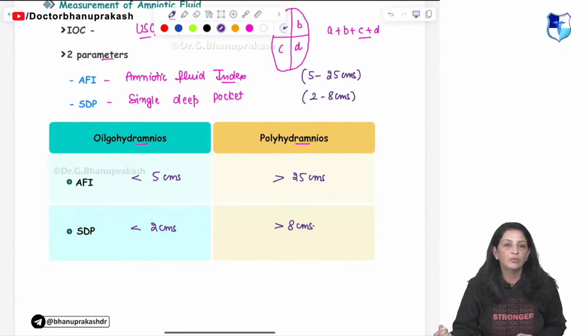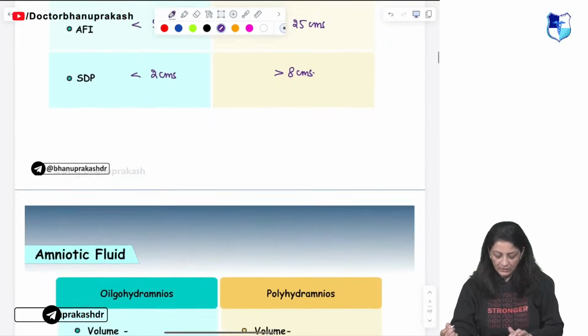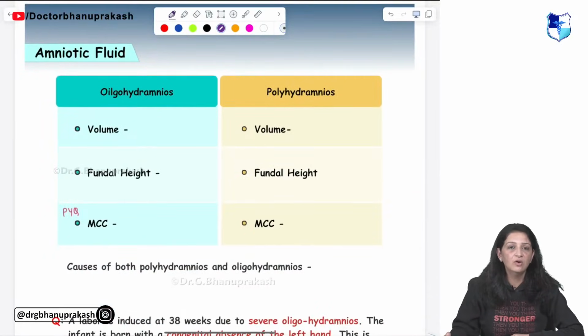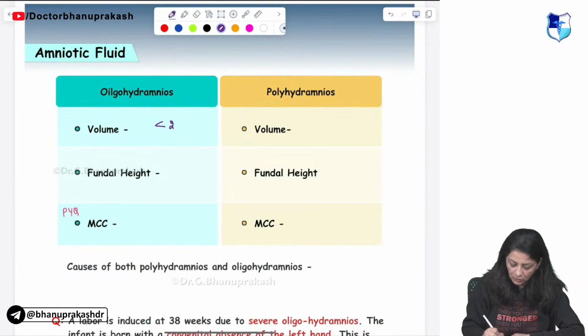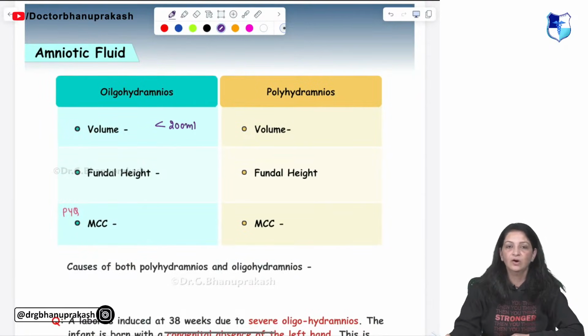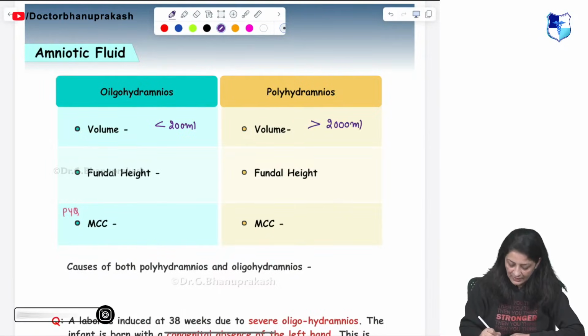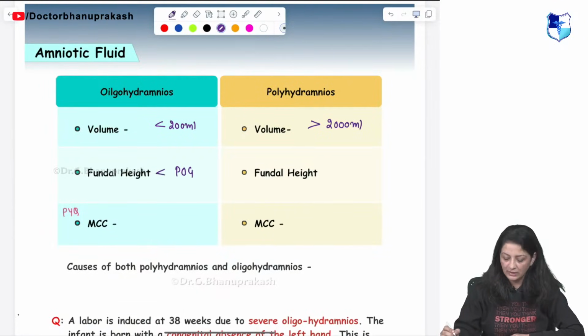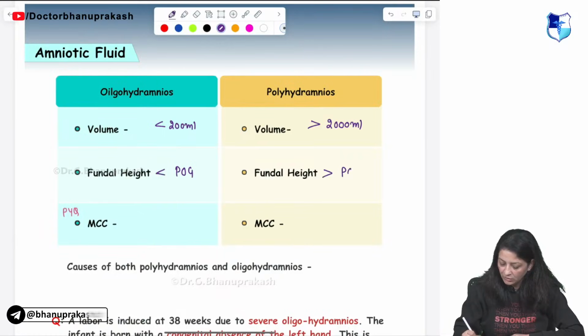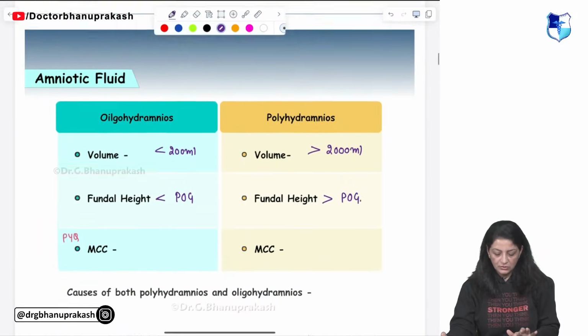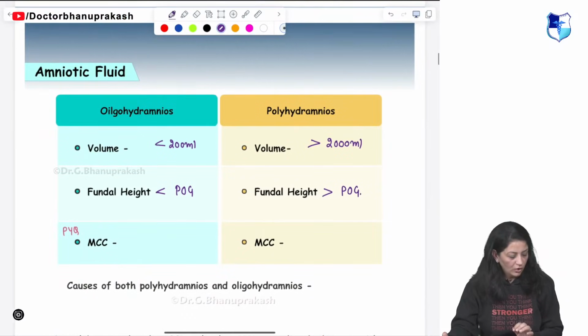In oligohydramnios the volume of amniotic fluid is less than 200 ml, and in polyhydramnios more than 2000 ml. Fundal height is less than period of gestation in oligo, and more than period of gestation in poly. Both conditions are amniotic fluid disorders.